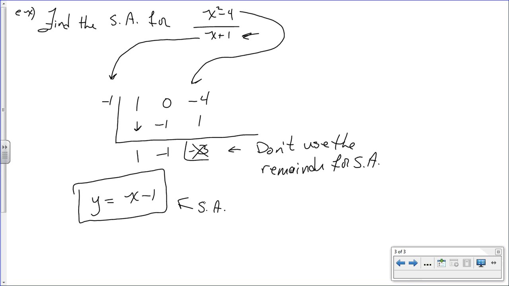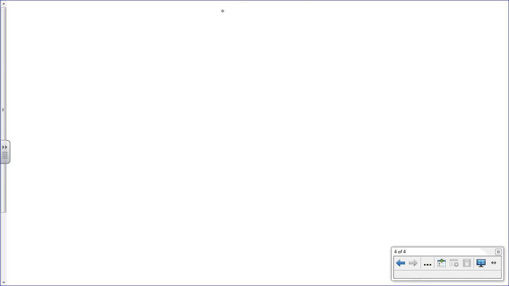Pretty simple. The main thing is to make sure that the degree of your numerator is exactly 1 higher than the degree of the denominator. That is what is important. All right, let's do a you try.